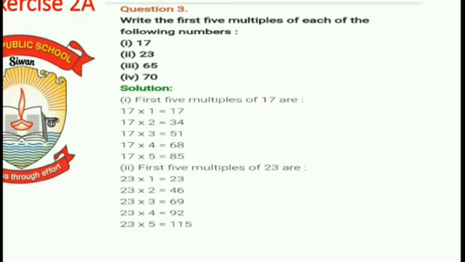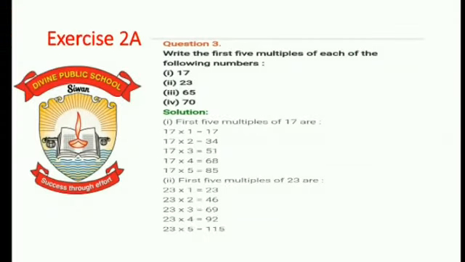First 5 multiples of 23 are 23 into 1 is equal to 23, 23 into 2 is equal to 46, 23 into 3 is equal to 69, 23 into 4 is equal to 92, 23 into 5 is equal to 115. And the remaining two parts of this question you will complete in homework.